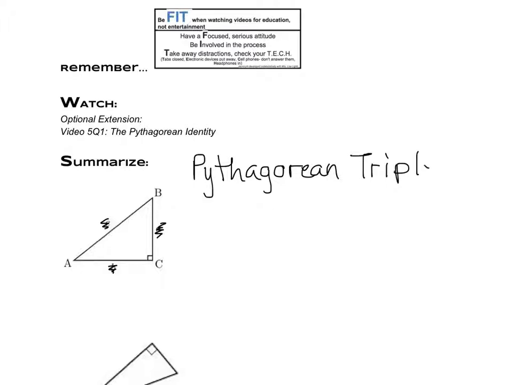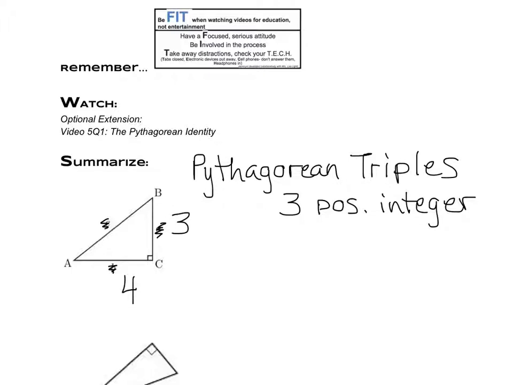Which, remember, is a set of three numbers, and those are positive integer sides. Integer meaning sides that are not fractions or decimals. Pythagorean triples are three positive integer sides that work together to satisfy the Pythagorean theorem.